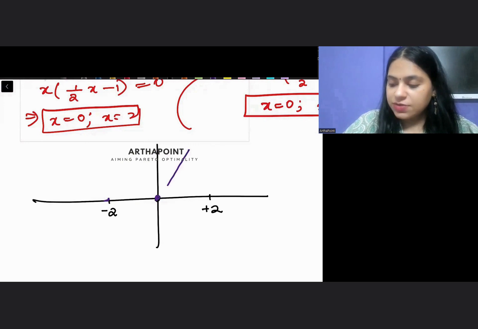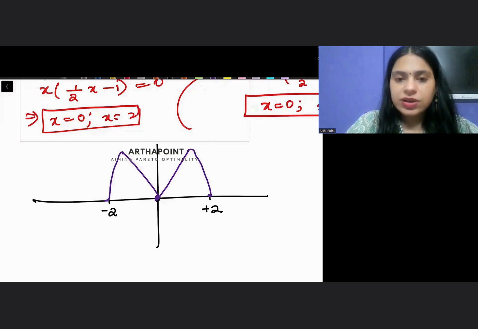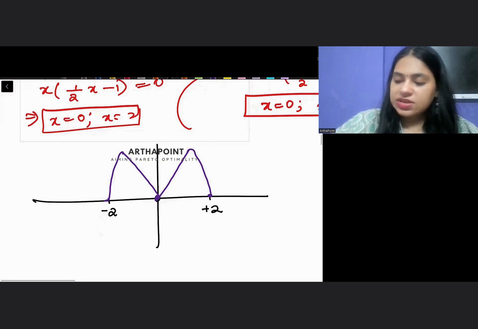Whether it is coming from here or here, it must approach 0. At the same time, I'm pretty sure that at plus 2 also the function is 0, and at minus 2 also the function is 0. It has to be 0 here, right? And in this aspect, it cannot go below this because it cannot go in this quadrant. So it must increase.